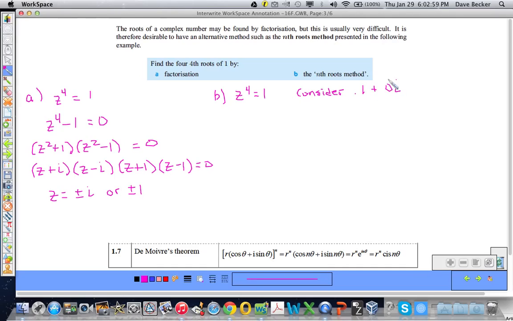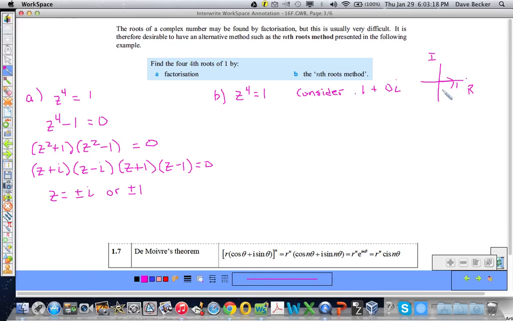And what does that look like on an Argand diagram? I never know whether to say Argand or Argand. I need to look that up. So, imaginary and real. What is that going to look like? Well, it's just going to look like this, out to the number 1.